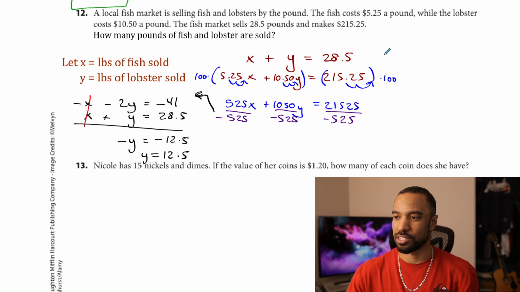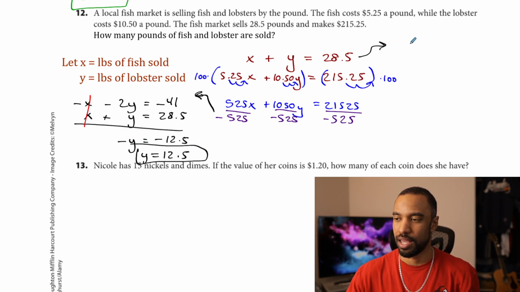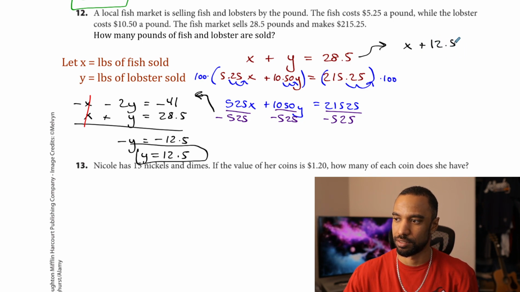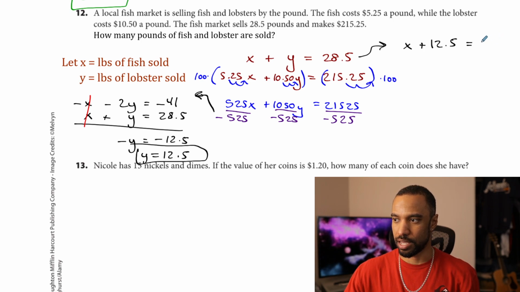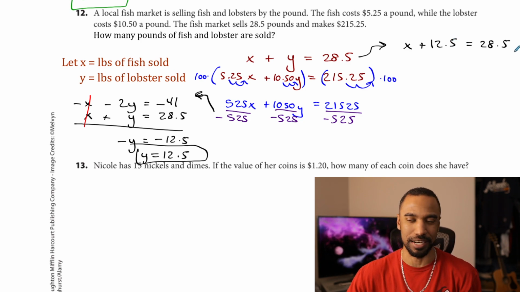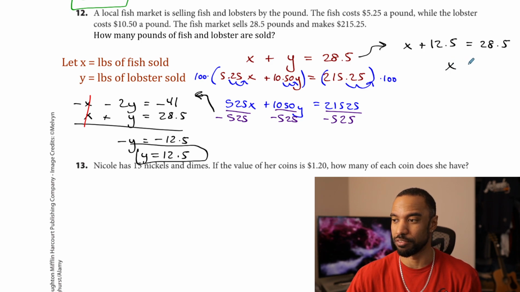And to find out x now, that's 12.5. To find out x, we get x plus 12.5 equals 28.5. And it should make sense that we get a decimal, because this had a decimal with it as well. So I think we should be accepting that at least one of them does, and it looks like only one of them does.